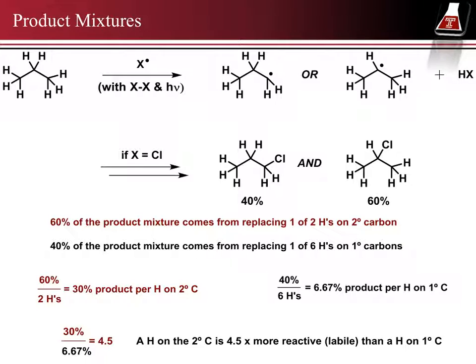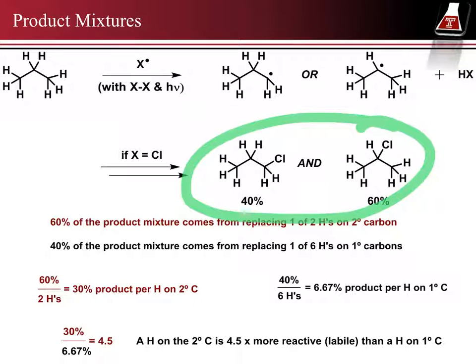So just to talk about relative reactivity in terms of actual empirical experimental evidence, this is all based on an experimentally determined 40 to 60% ratio of primary to secondary halogenation.